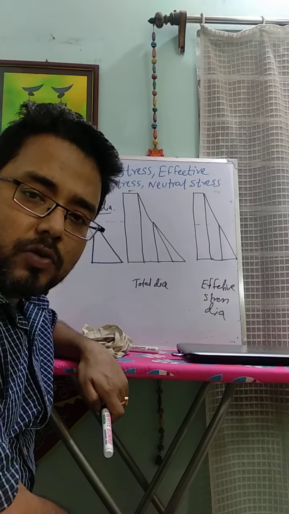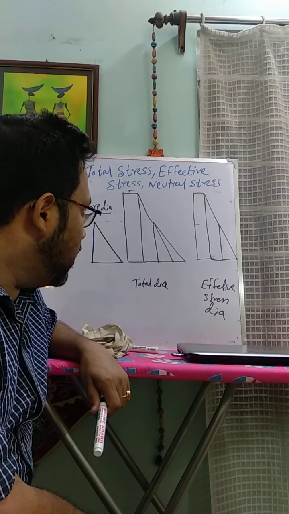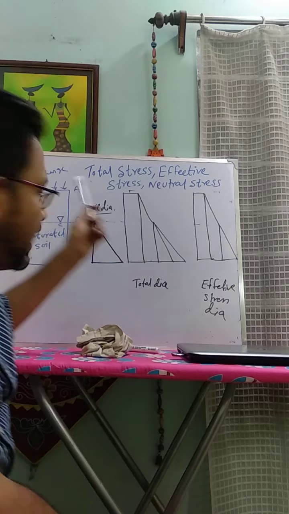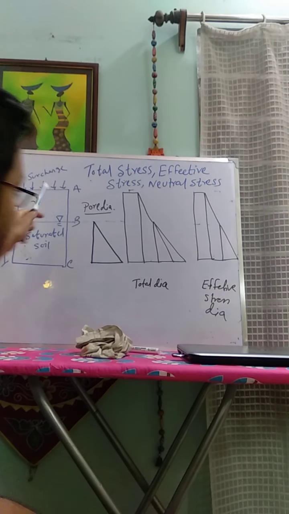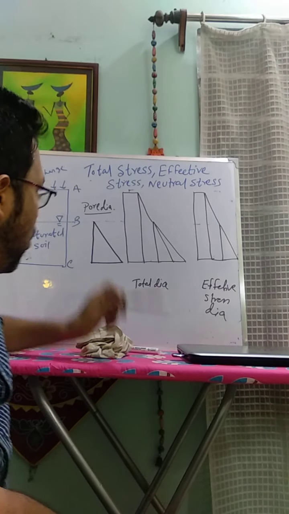I think you all follow through my Google notes, theory and numerical also. Now in case 5 you can observe that some surcharge load is applied on a soil strata.